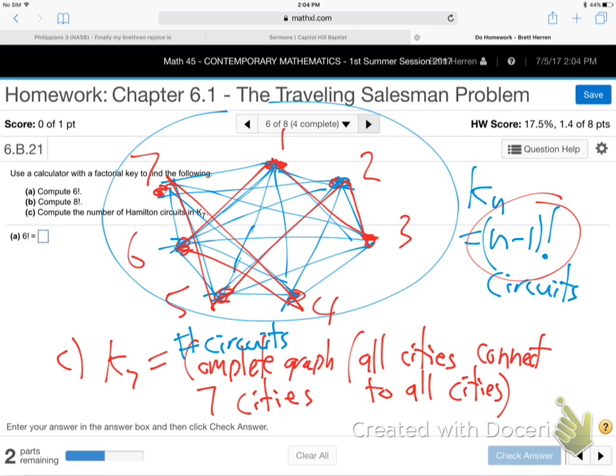So K7, anyway, let's figure it out. For K7, it would be 7 minus 1 factorial, 6 factorial, which we just did. Isn't that 720? 720 different circuits are possible.